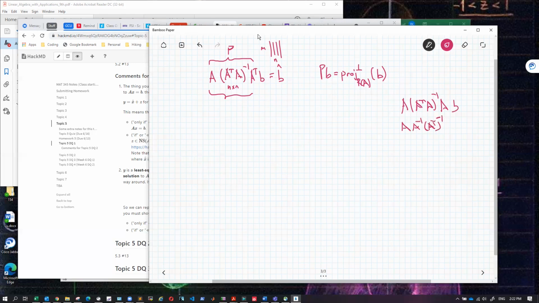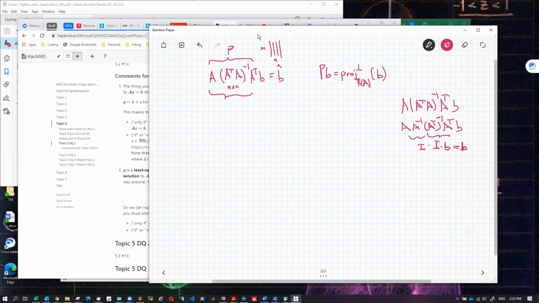Oh, sorry, this should be A transpose. I had it right over here, but not over here. Then these just cancel out and those just cancel out, so this is just I times B, which is just B.